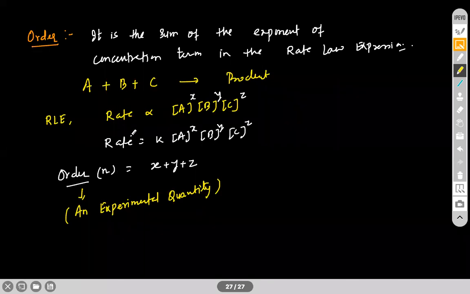If the rate law is given in the question, fine, but from the reaction alone you cannot write down the rate law because all these things are experimental. You never know what the powers X, Y, and Z are here. So if the rate law is not given in the question, you cannot find out the order of the reaction. If it is given, then whatever powers we have here, we can add up, and that would be the order of the reaction. Got it?